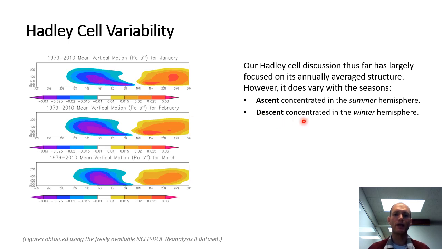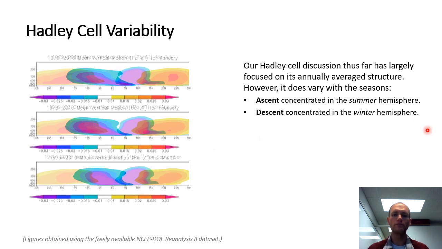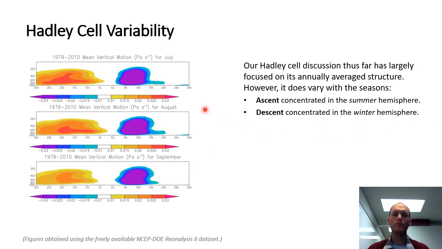Conversely, descent is concentrated in the winter hemisphere where it is relatively cold. And we see that here in the northern hemisphere for January, February, and March, our second and third months of winter and our transition month into spring. Likewise, the pattern flips as you head to northern hemisphere summer.